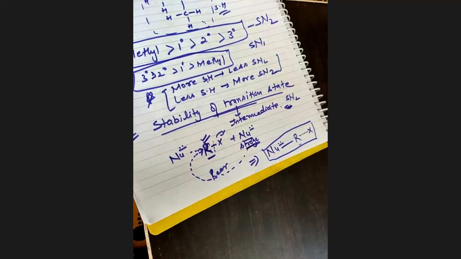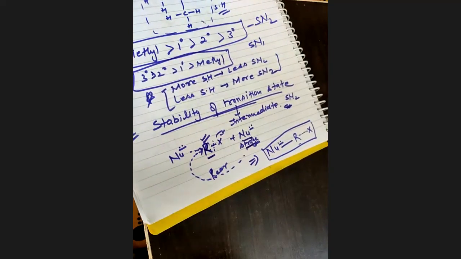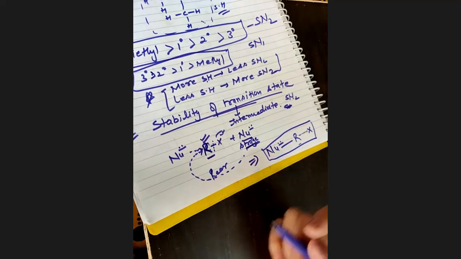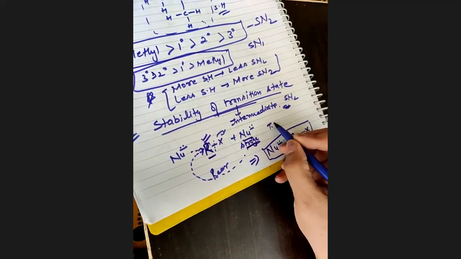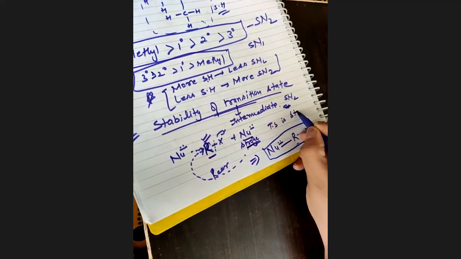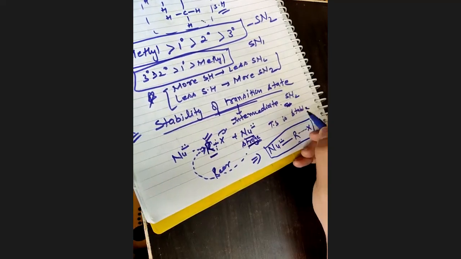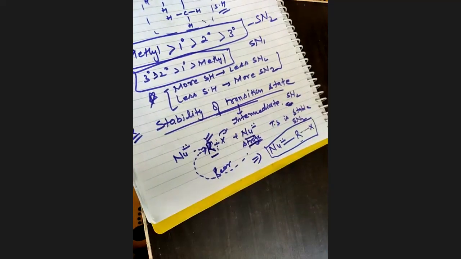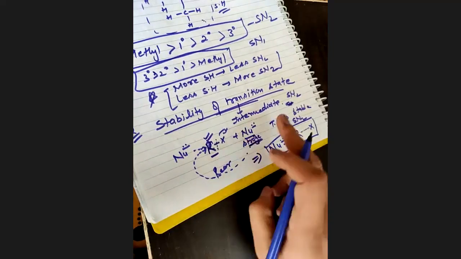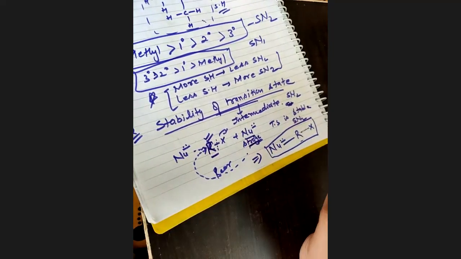Clear? So if your transition state is stable, then it will show more SN2.